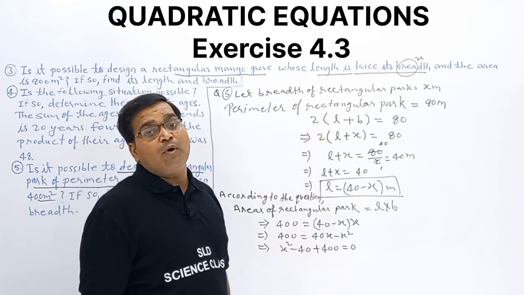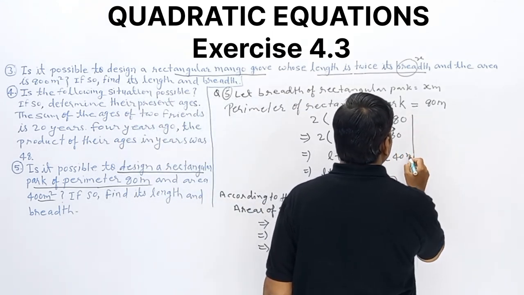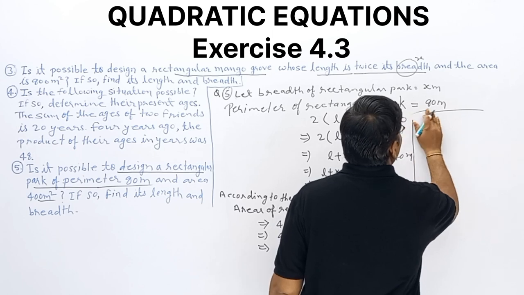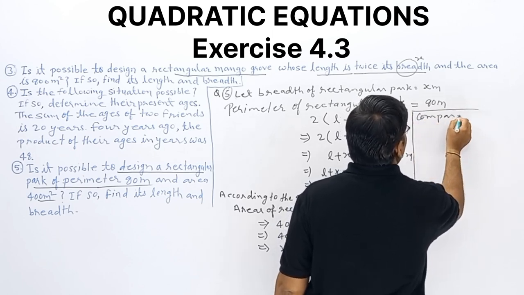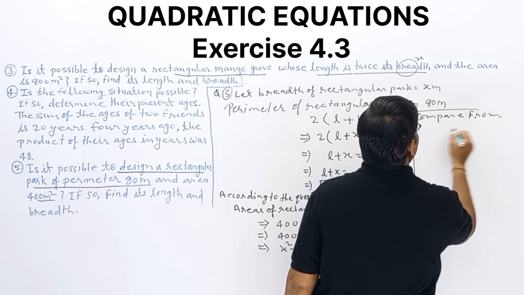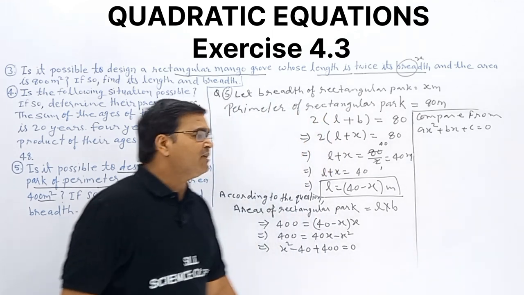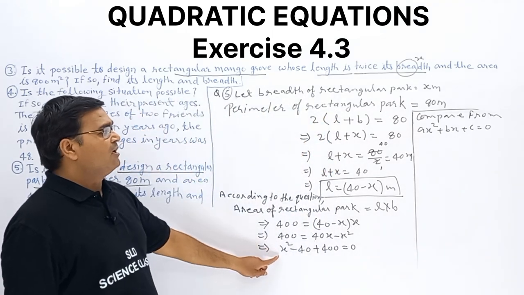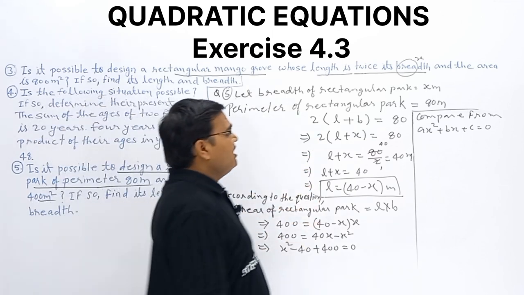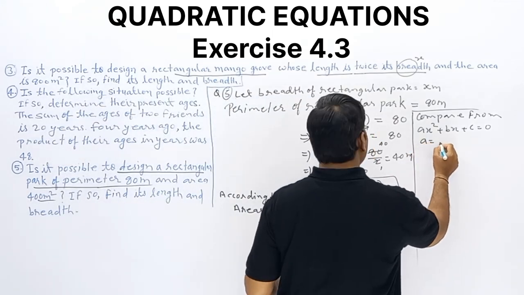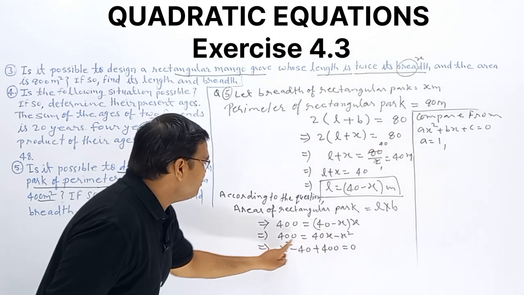So we are getting a quadratic equation. Observe carefully. Compare with the general quadratic equation ax square plus bx plus c equal to 0. Then a is 1, this is positive, this one is negative.